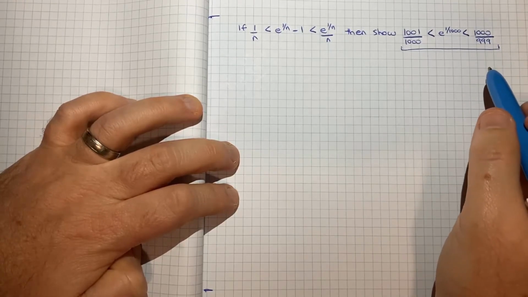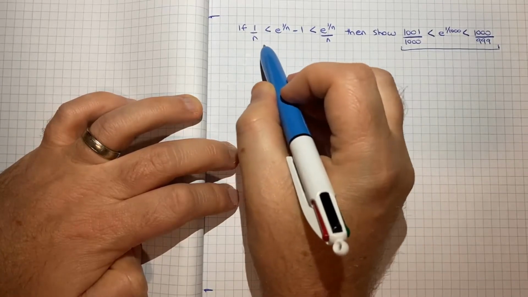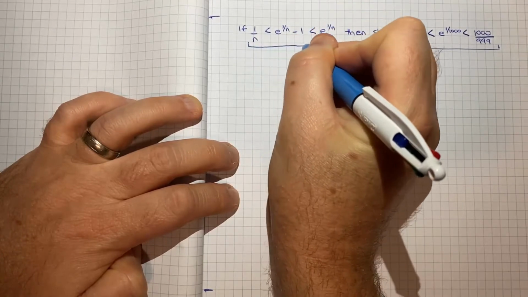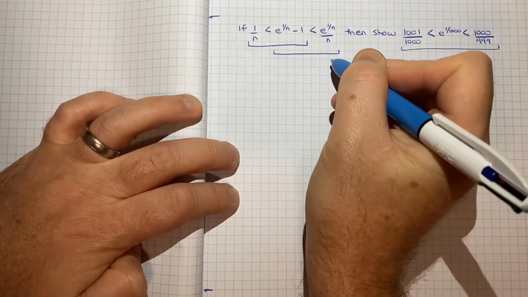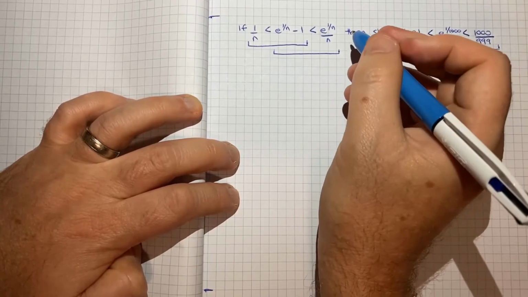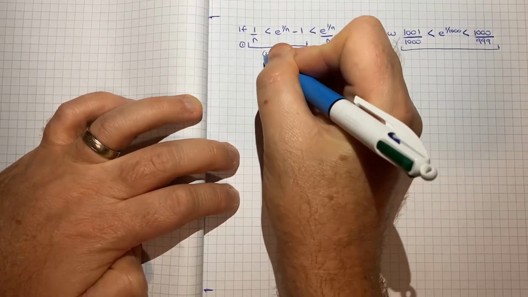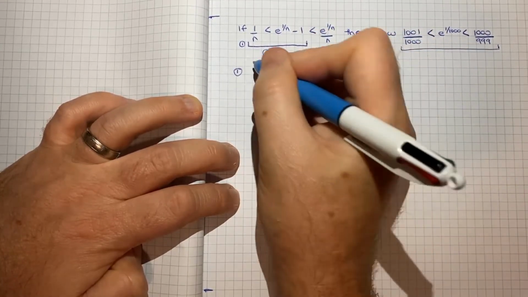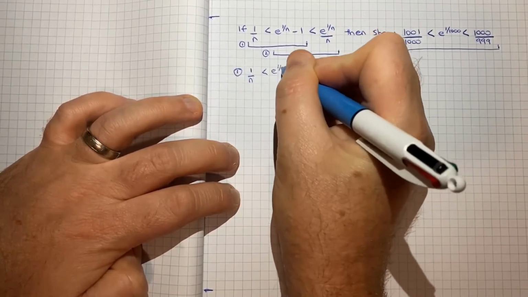So the key to it is, in starting with this first inequality that we proved in part one, it's much easier if we treat it as two separate inequalities and reevaluate them separately. So if I say this left hand bit is part one and the right hand bit is part two, for part one, well, you may remember that was the relatively easy bit.